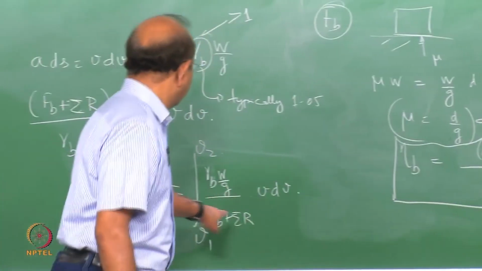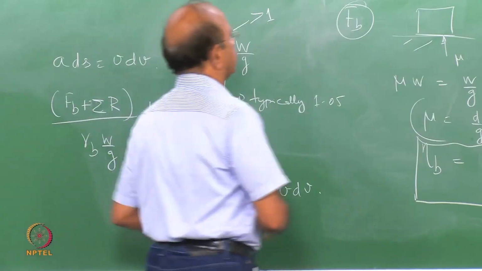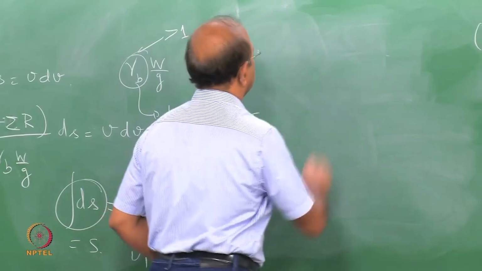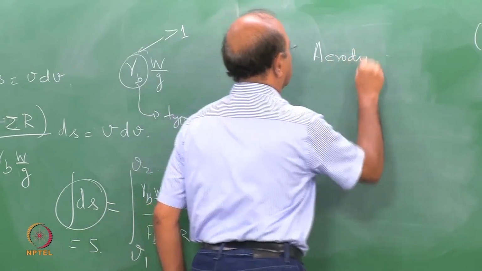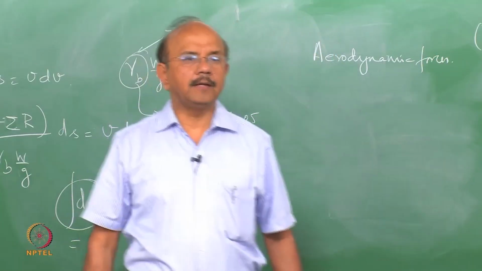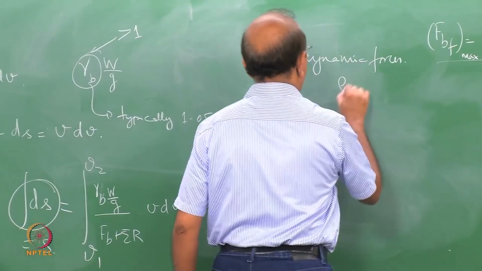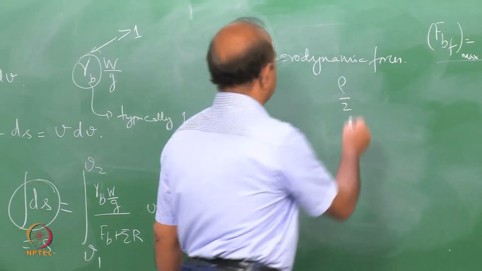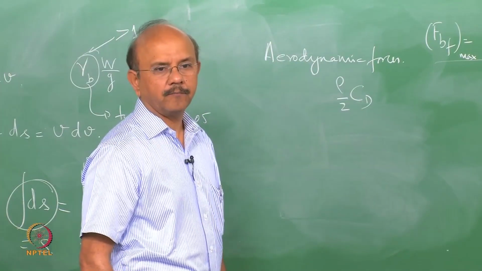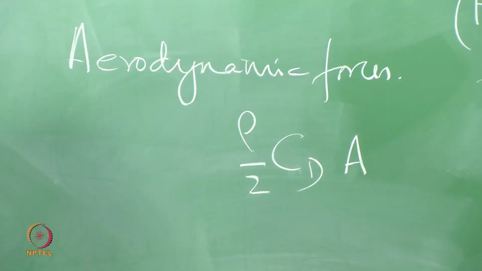The twist is because the resistance here involves aerodynamic forces, and aerodynamic forces can be written by rho by 2, density of the air, very important coefficient, drag coefficient CD, multiplied by the projected area A into V squared.